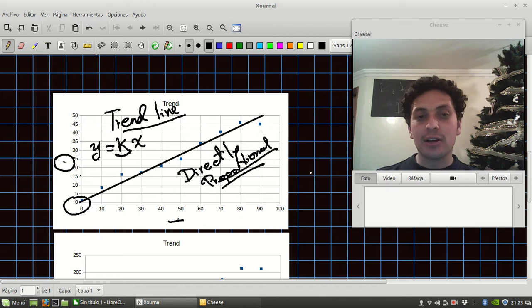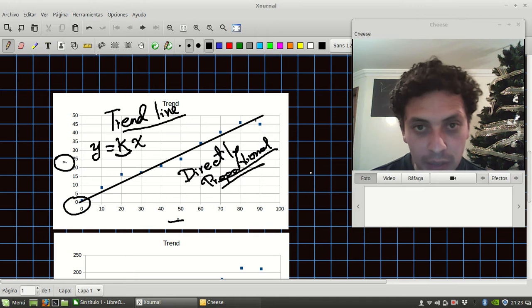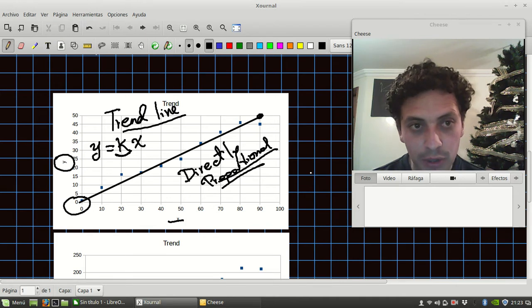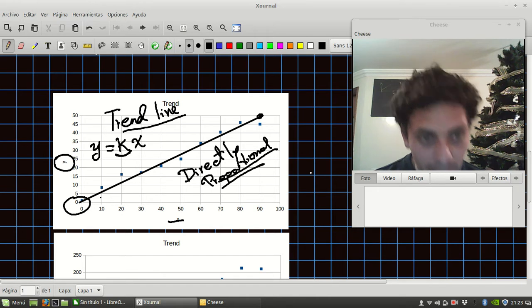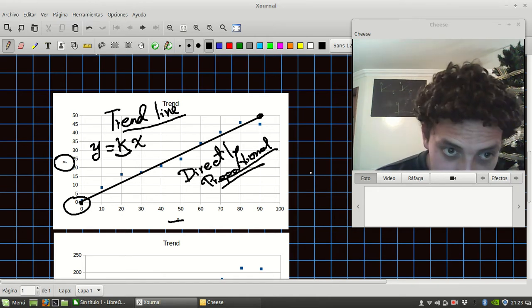If it's linear or directly proportional, we can get the slope or the gradient of the line. For example, in this case, you can take 2 points in the graph. For example, this point here, 90 and 50, and 0, 0.